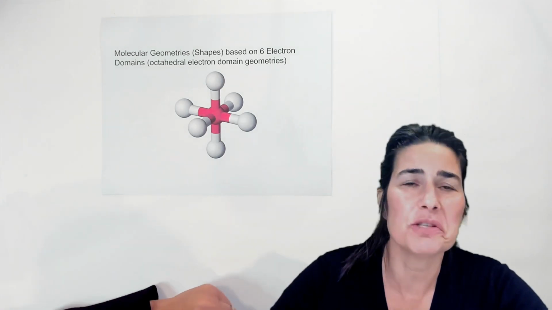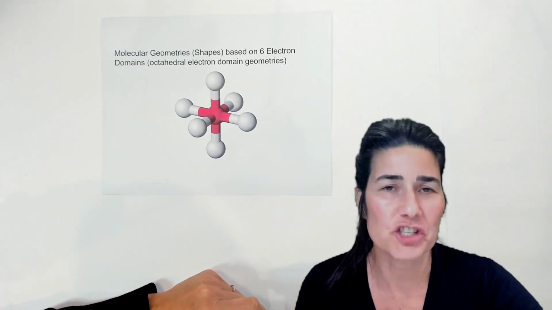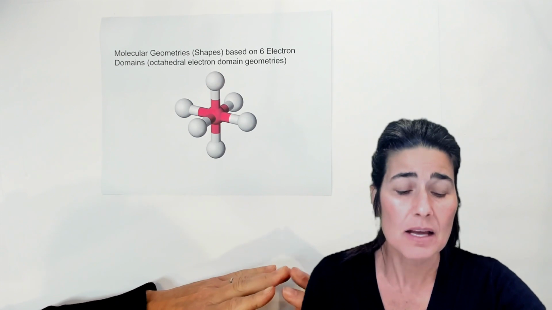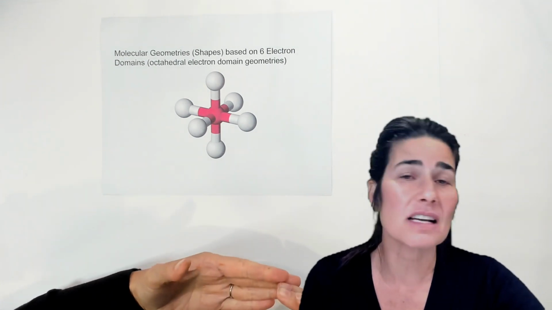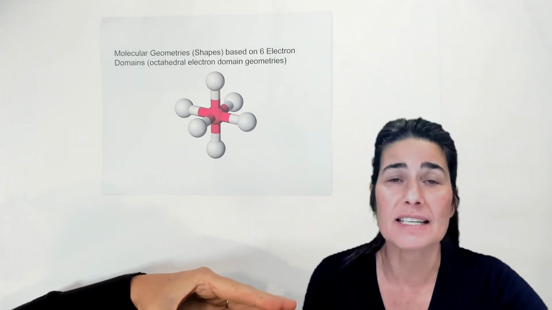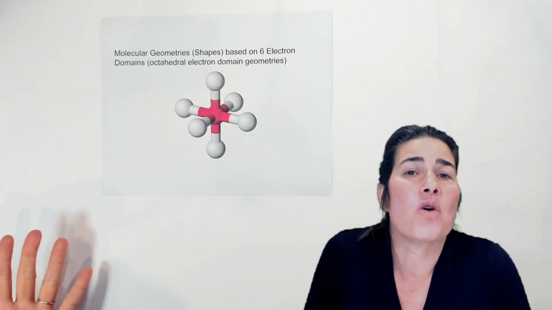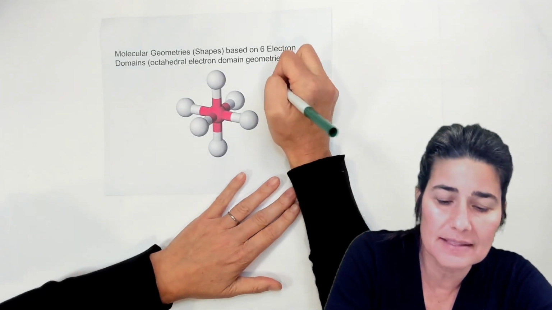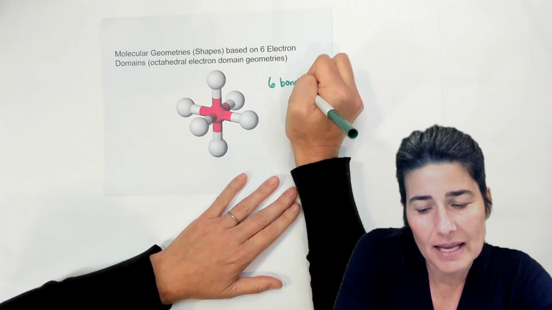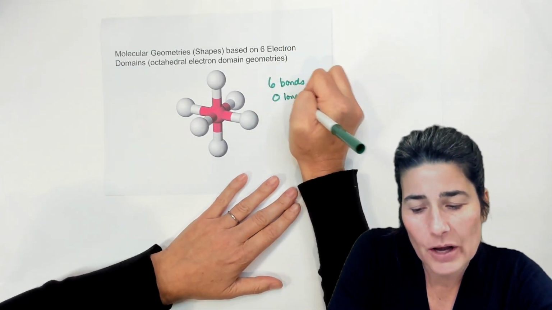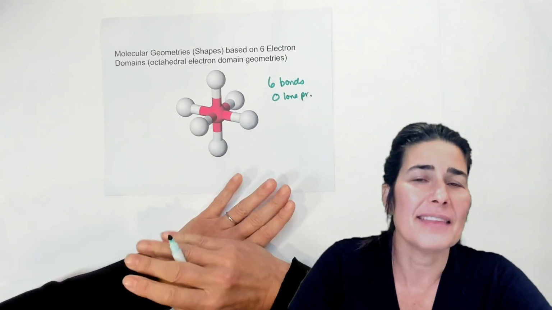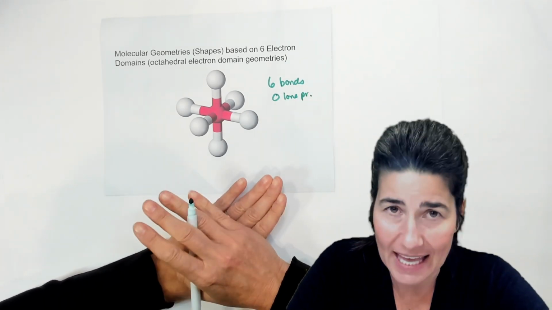All right, let's do variations of molecular geometries or shapes that are all based on 6 electron domains, or octahedral structures. Again, remember, if there are no lone pairs, so let's say these are 6 bonds and 0 lone pairs, we see what we get.